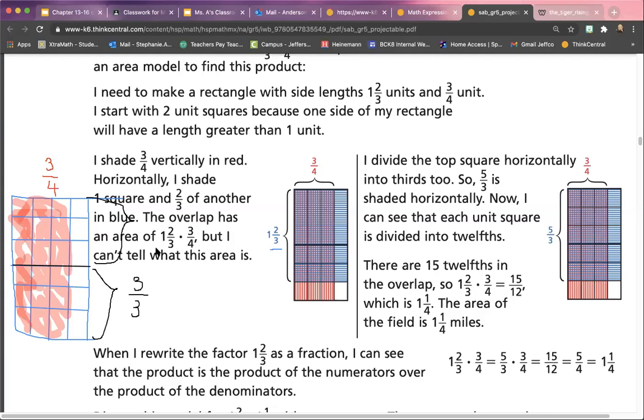I have 1 2/3. Who can tell me what 1 2/3 is as an improper fraction? If I wanted to turn this into a fraction, what would I do to it? That would be 5/3. And how did you do that, Justin? Because 1 whole is 3/3.